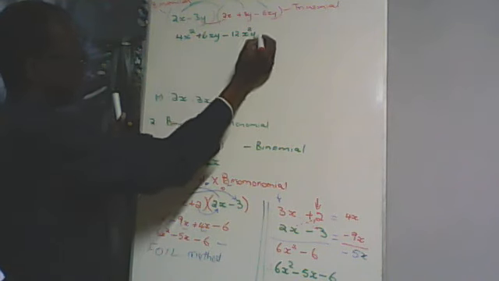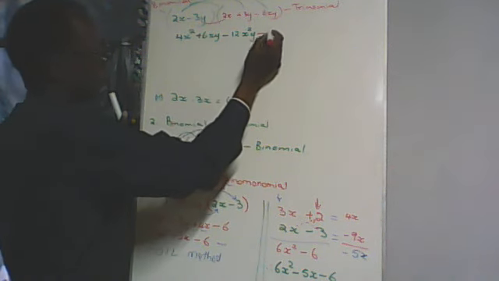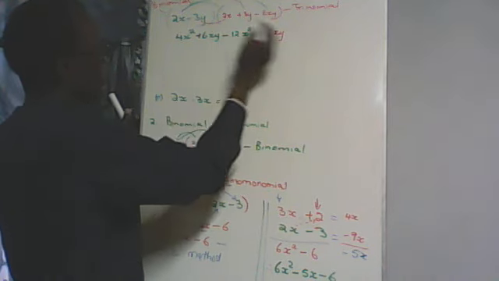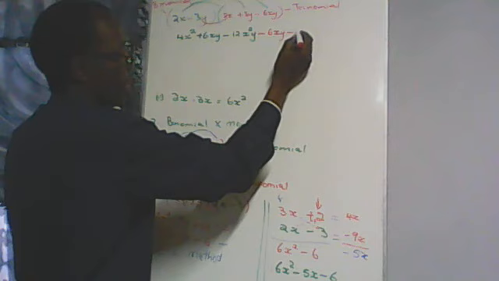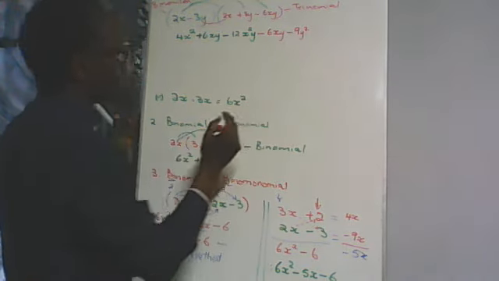Negative by positive, it's a negative, unlike signs. This by that, it's 6xy. This by that, negative by negative, and then 9yy, that is y squared.